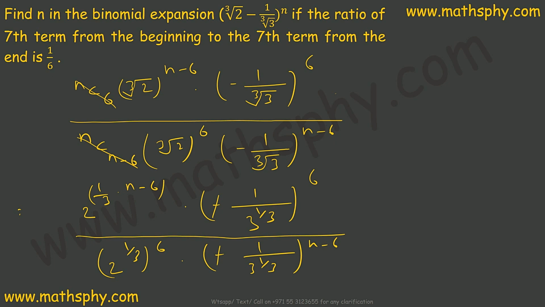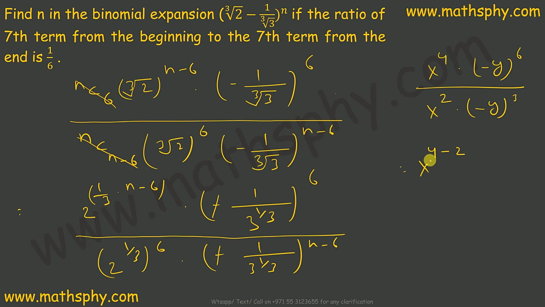Okay, now you see, if I have something like x to the power 4 into negative y to the power 6, over x to the power 2 into negative y to the power, say, 3, what I can do is divide x raised to 4 by x raised to 2.